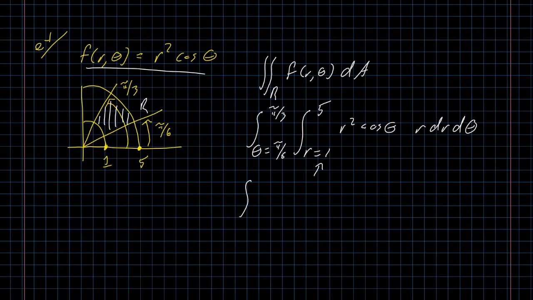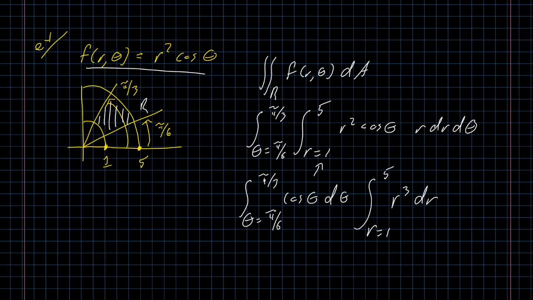I can take all of my thetas, which are completely constant with respect to r, and I can bring them in front of that integral, leaving behind just the integral from r equals 1 to 5. R squared times r is r cubed dr.